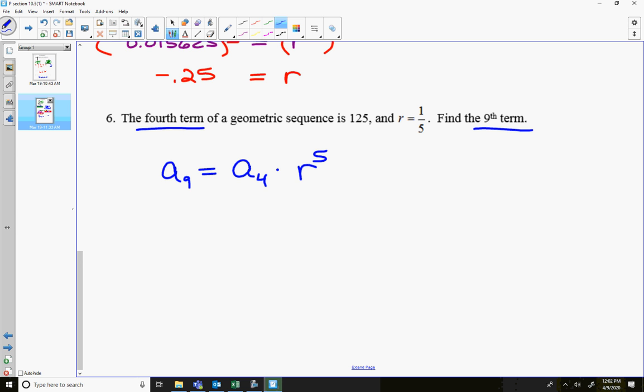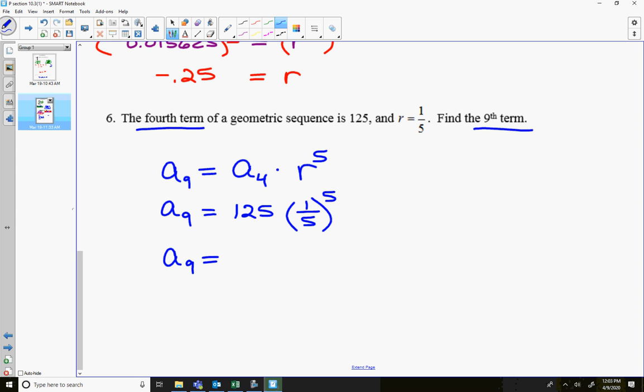So in this case, that would be a much easier formula because I already know the fourth term and I already know my common ratio. So the ninth term will simply be the fourth term, which is 125, times my common ratio of 1/5 to the 5th power.